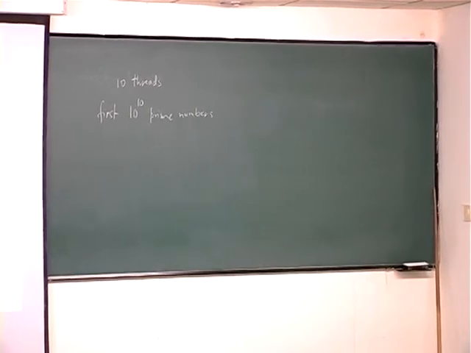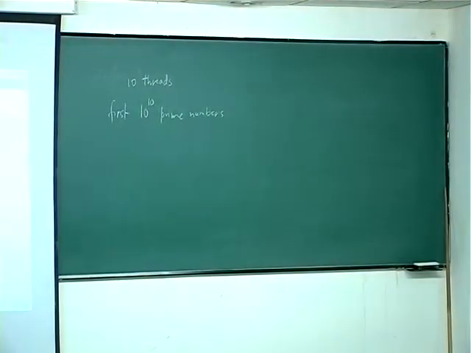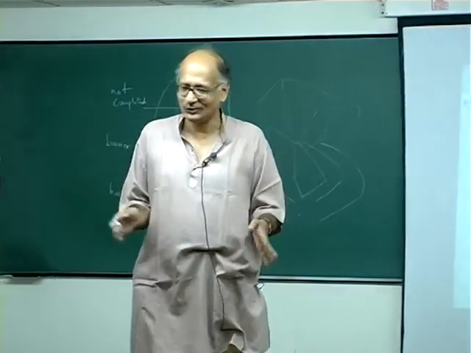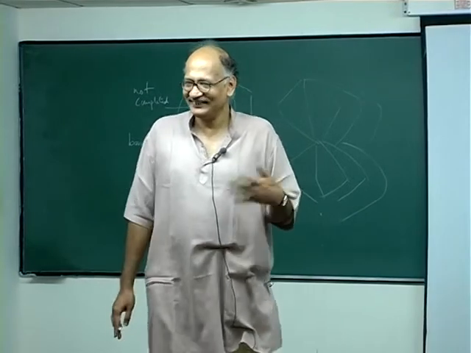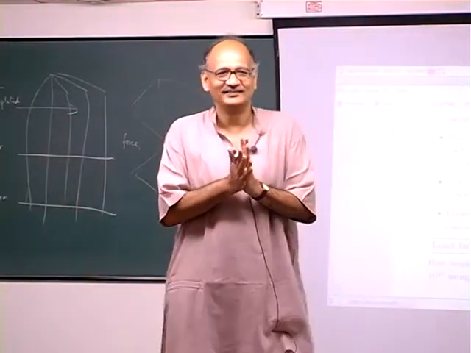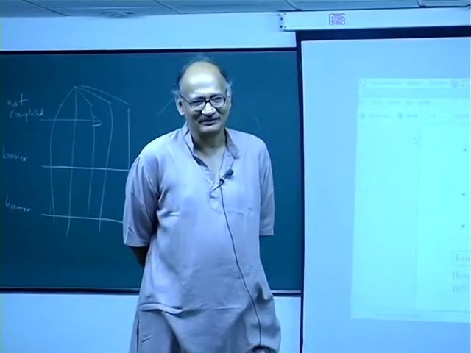So the question is, how will you set up this computation? And I assume you all know how to find prime numbers, right? But how will you set up this computation of the first 100 million primes?